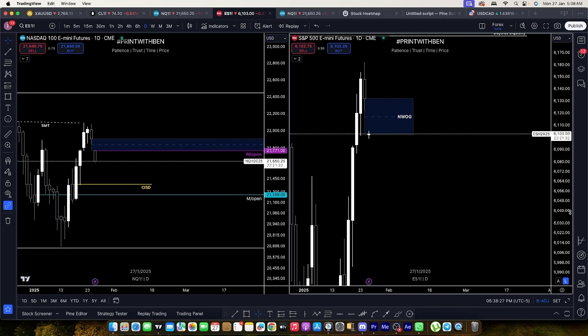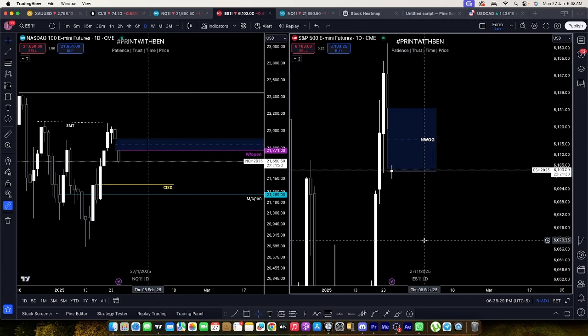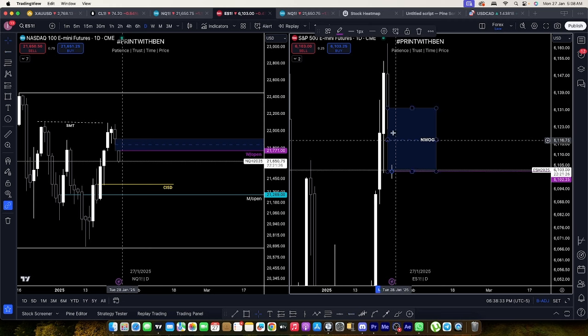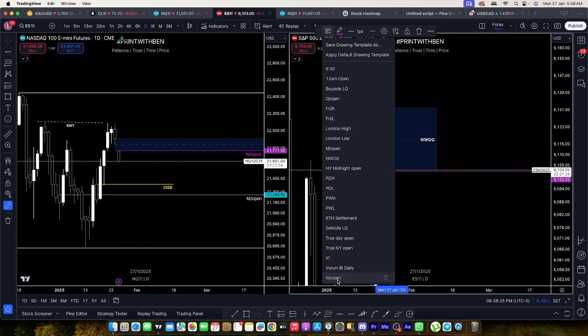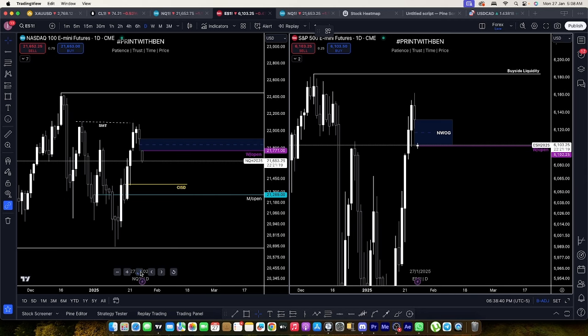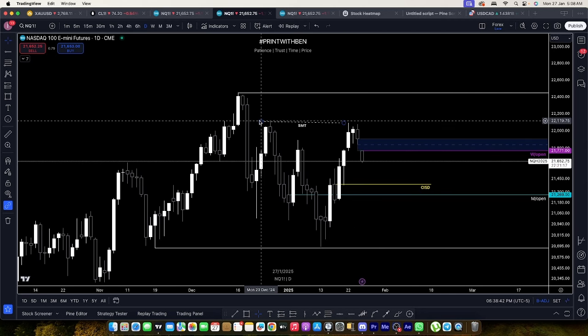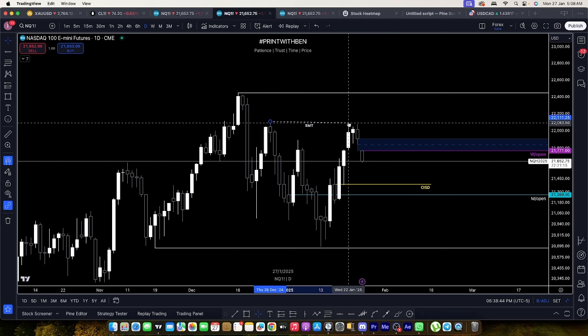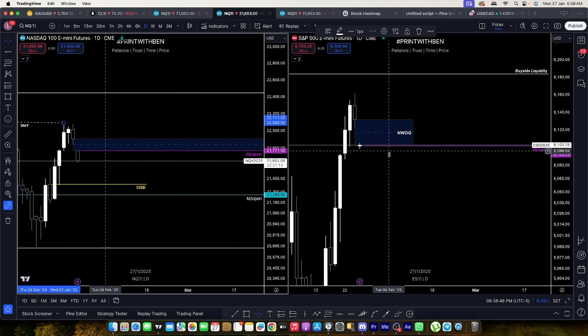So that is my new week opening gap. And from here I'm going to mark out the weekly open. Okay, that is there. Again, much more interesting, a lot more interesting actually, to be honest. This is my SMT right there.